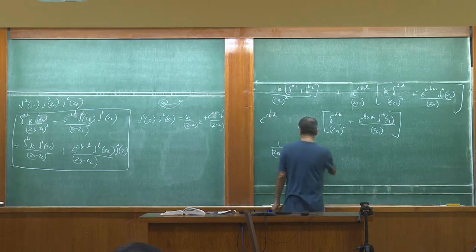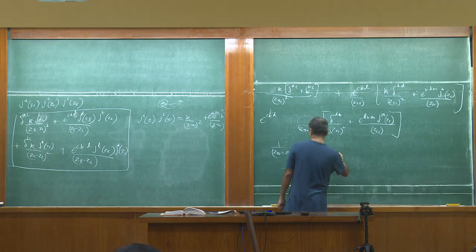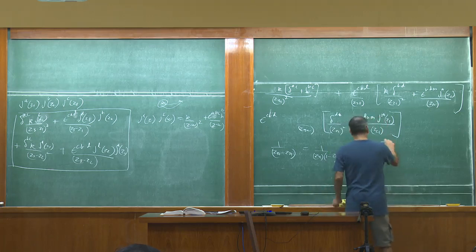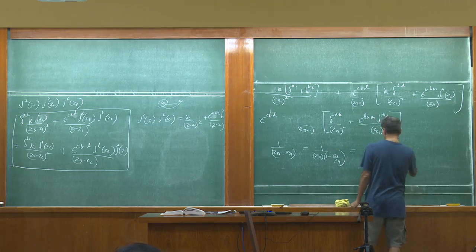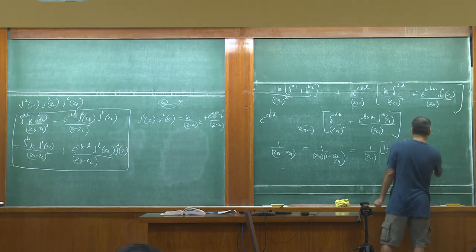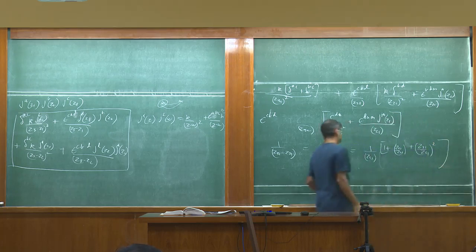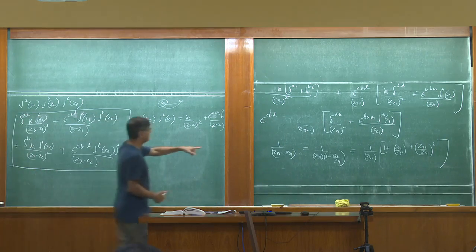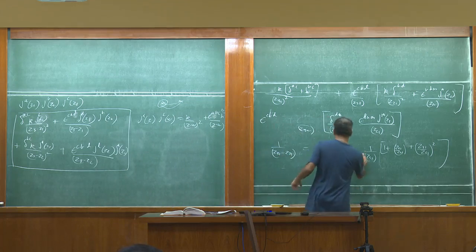Okay, so we can write that as 1 over Z31 into 1 minus Z21 by Z31, which is the same thing as 1 over Z31 into, open bracket upstairs, 1 plus Z21 by Z31, the whole thing squared, plus Z21. Okay, and we will insert this into here.